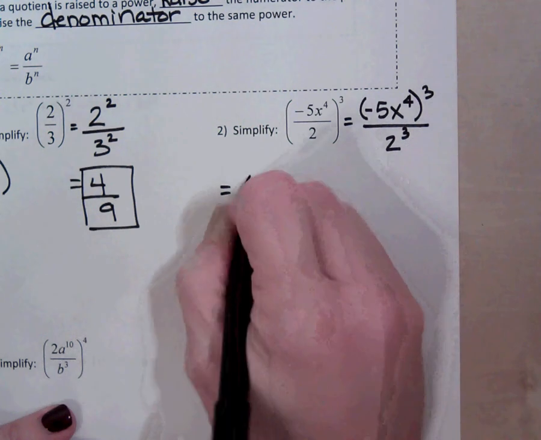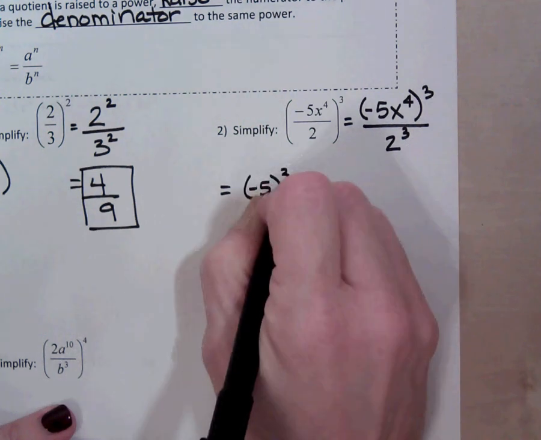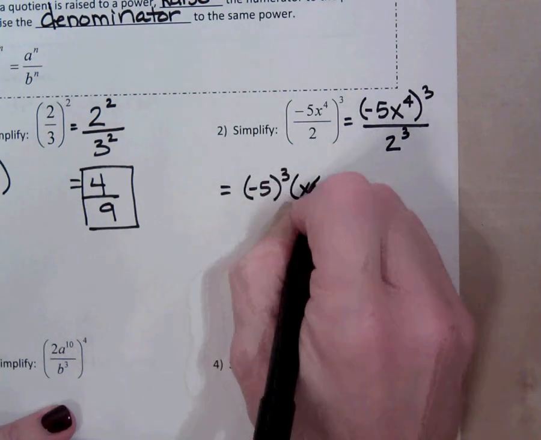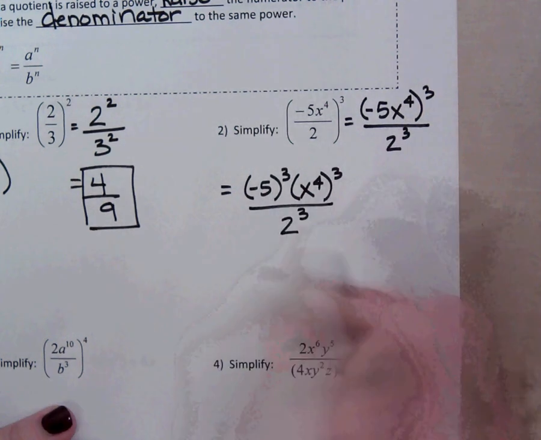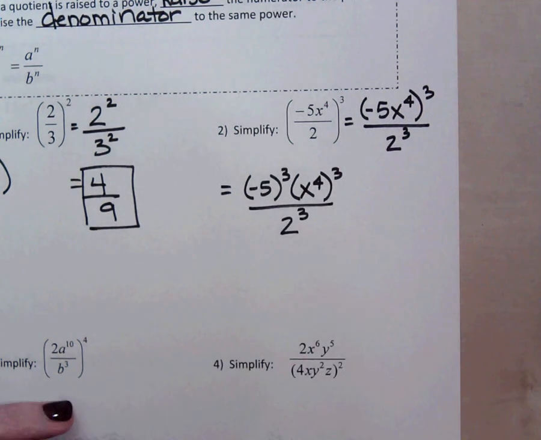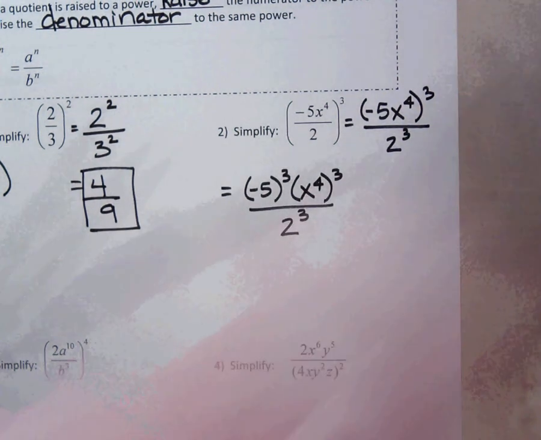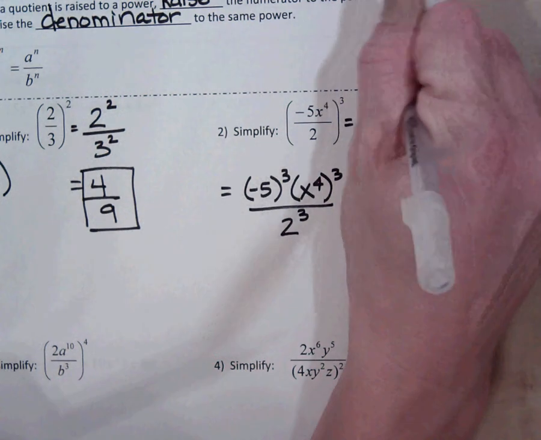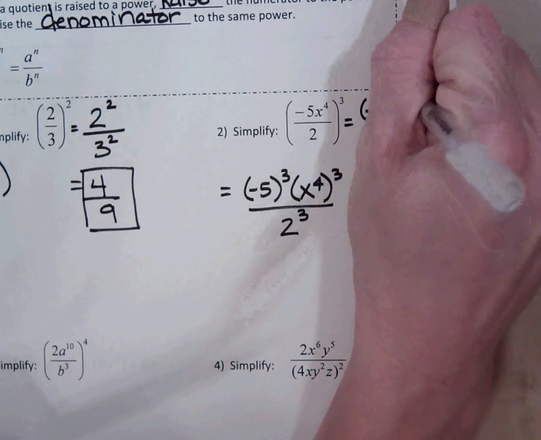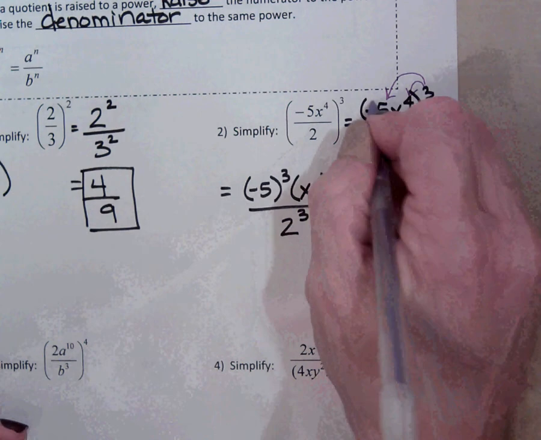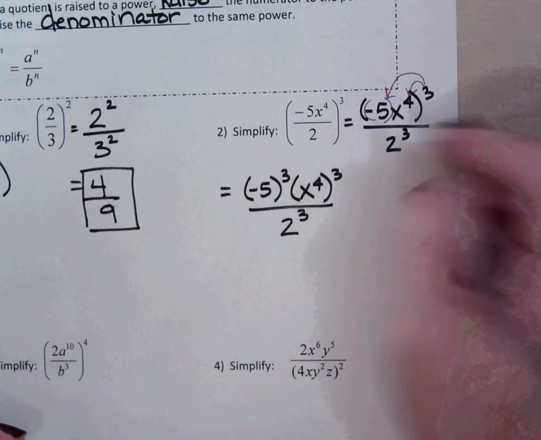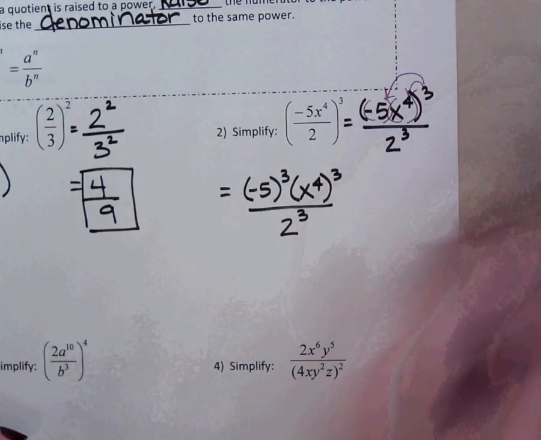So now the -5 gets cubed as well as the x to the 4th power. And then the denominator also does. So remember what we said in class. It's kind of like the power of 3 goes to both of those. So -5 gets raised to the 3rd power as well as x to the 4th.